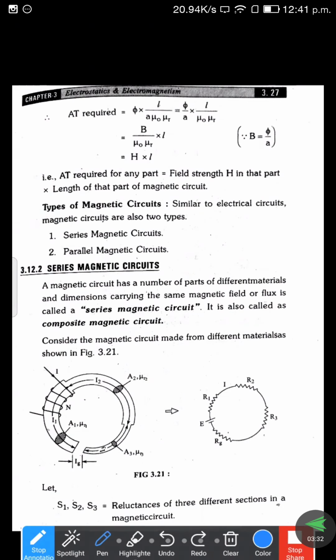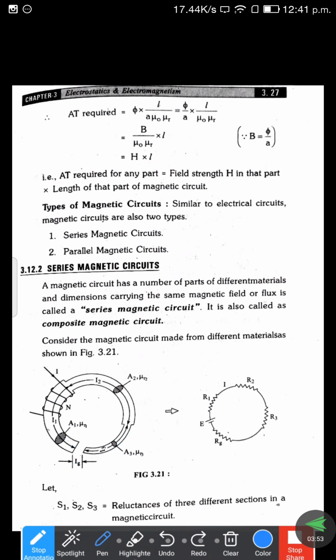Just assume there are three different materials available. From here to here, this is one material. From here to here, this is another material. From here to here, this is another material. The air gap is also provided, and air we are assuming as one of the materials.